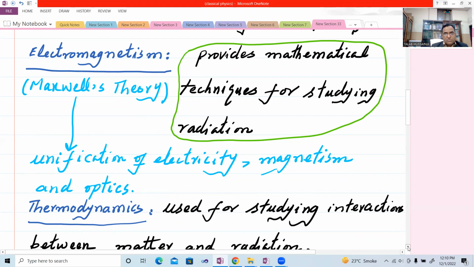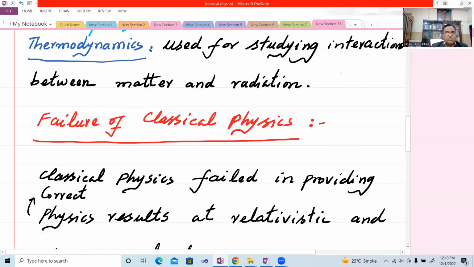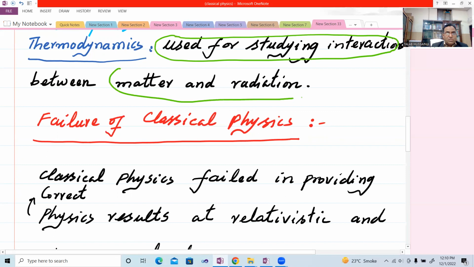Now comes thermodynamics. Generally, thermodynamics is used for studying the interaction between energy and matter, or the interaction between radiation and matter.